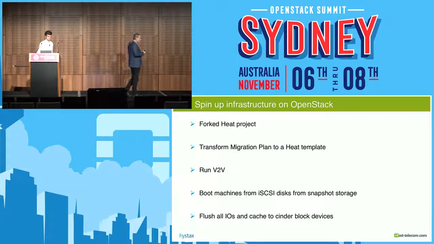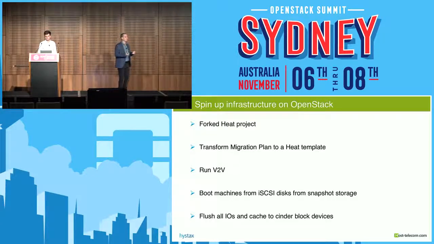But one thing I would like to note here is that we are not using a standard Heat from any installation or any release of OpenStack. We forked the Heat project. Why did we do that? There are a couple of reasons. First of all, as it's a solution for migration, we would like to be able to migrate to OpenStack installations which don't have the Heat project, which have other projects but don't have Heat.